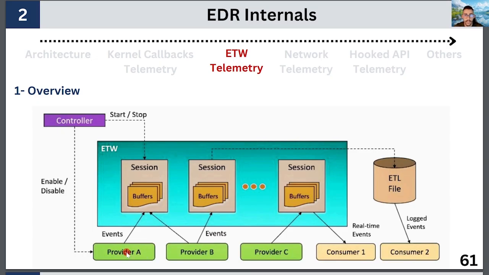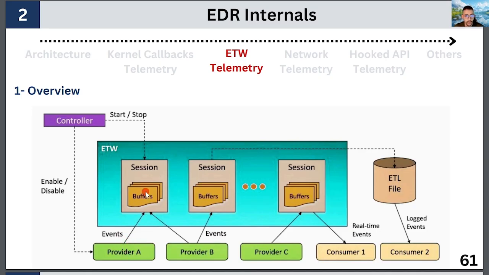Providers are event sources that generate telemetry data based on system or application activity. They can be kernel providers or user mode providers. Kernel providers track process creation, thread activity, file system operations, registry changes, and so on. And user mode providers can monitor application-specific activities.